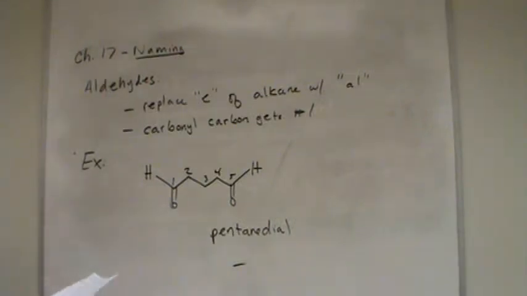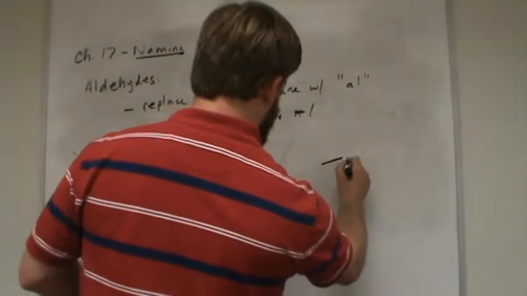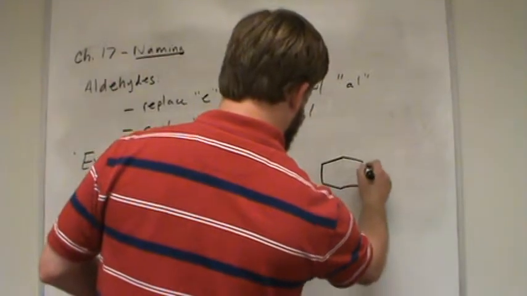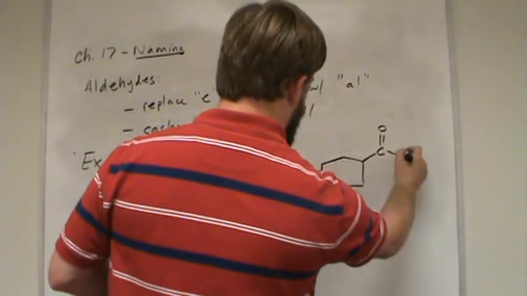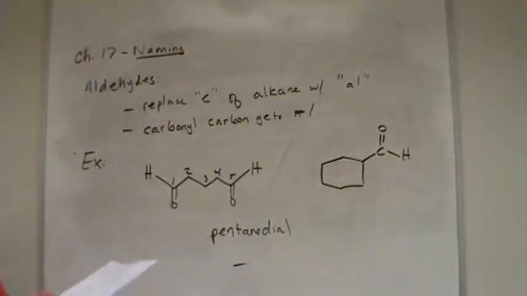Let's look at another example. So now the carbonyl carbon of the aldehyde is directly attached to the cyclohexane ring. So it's very similar to a carboxylic acid.